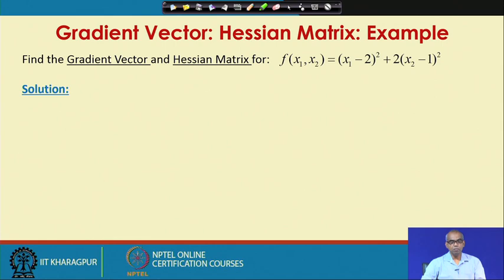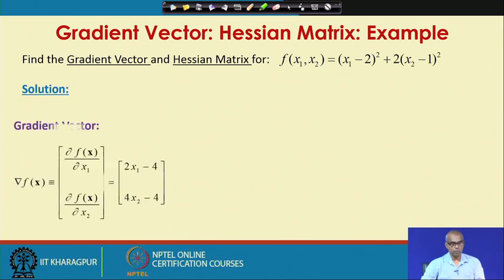Let us take another example and find the gradient vector and Hessian matrix for a two variable function. The function is f equal to (x1 minus 2) whole square plus 2 into (x2 minus 1) whole square. So, again it is a two variable function. The gradient vector will have two components, del f del x1 and del f del x2, which can be evaluated as 2 x1 minus 4 and 4 x2 minus 4.